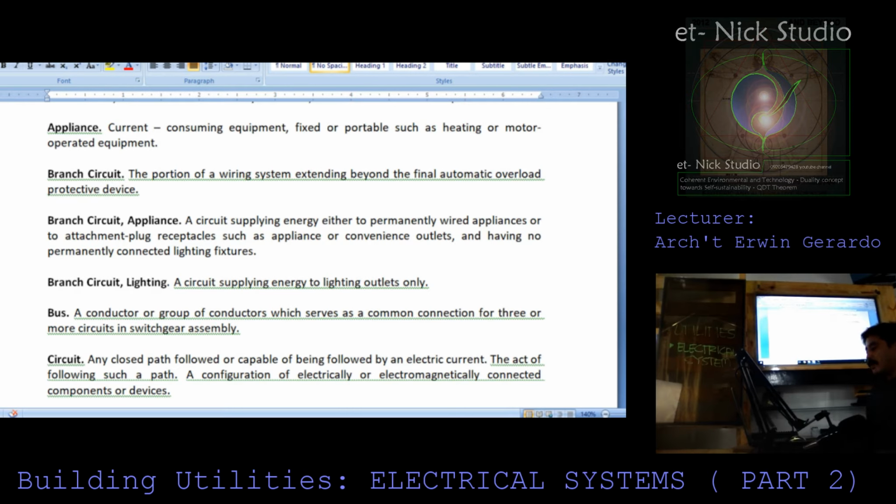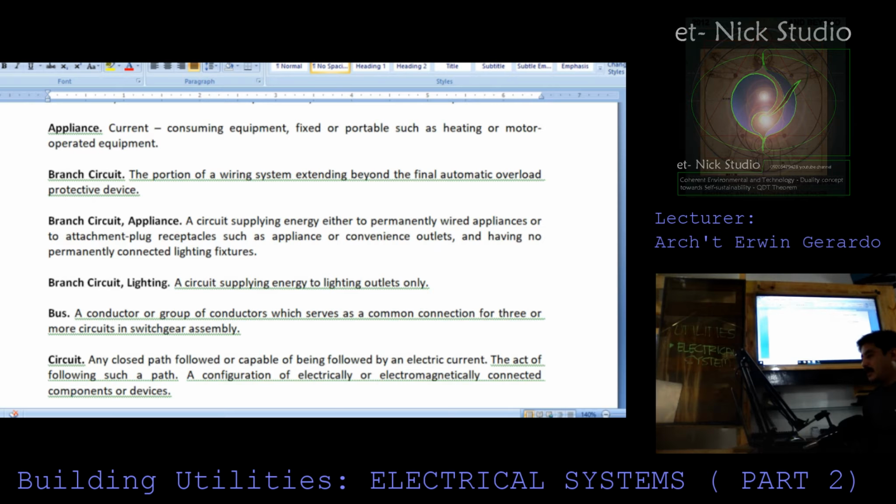Branch circuit appliance is a circuit supplying energy either to permanently wired appliances or to attachment plug receptacles such as appliance or convenience outlets, and having no permanently connected lighting fixtures. Branch circuit lighting, a circuit supplying energy to lighting outlets only.